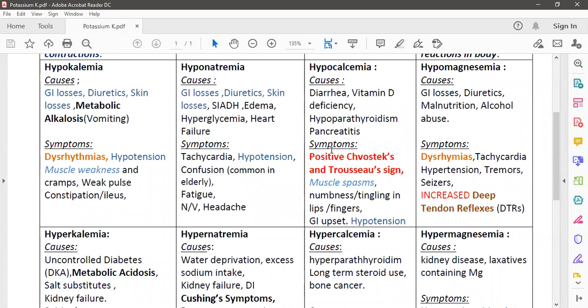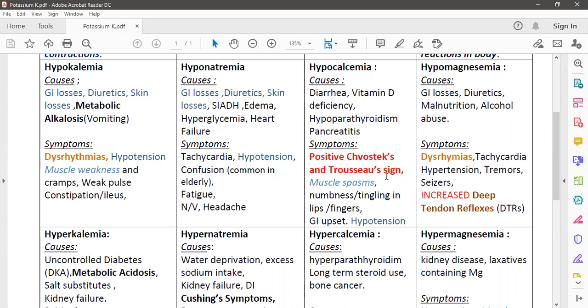So what are the symptoms or signs of hypocalcemia? The major signs are positive Chvostek sign and also positive Trousseau sign. These are the two signs.